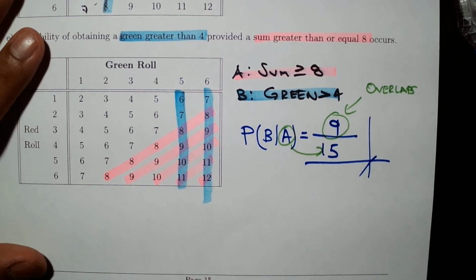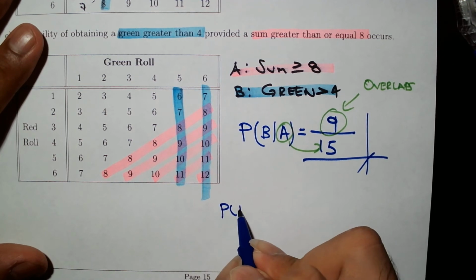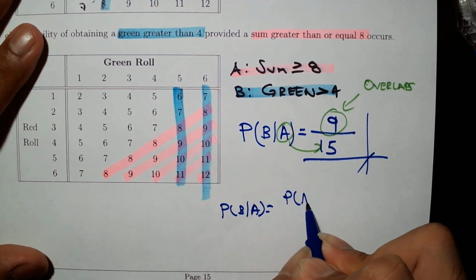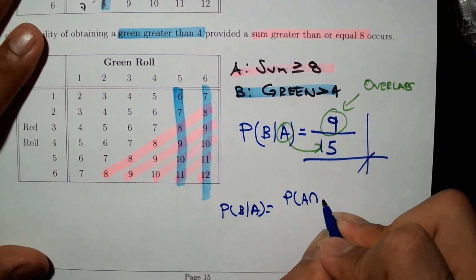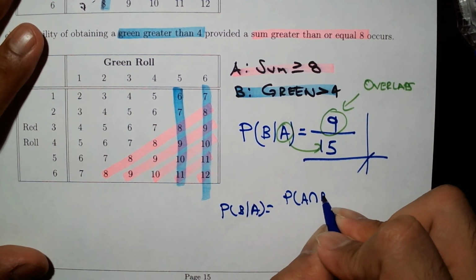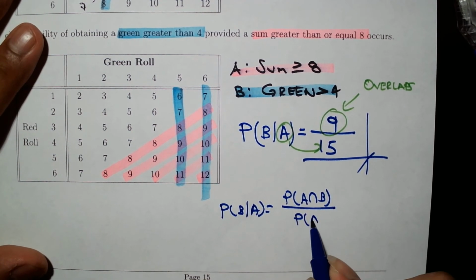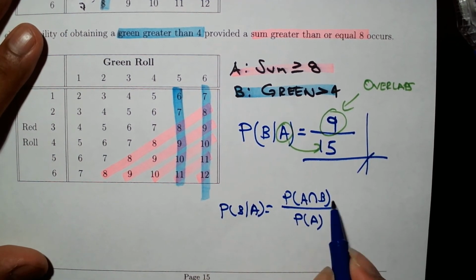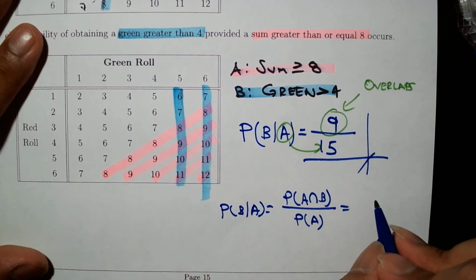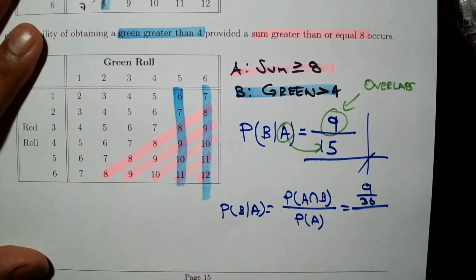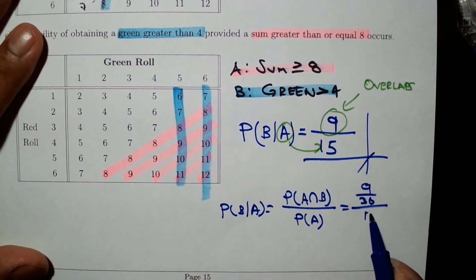Again, let me do it the other way. P of B given A. It's going to be the probability of the intersection, basically the overlaps, which is nothing different than what I did above, over the probability of the first event. So again, how many overlaps do you see? That's 9 out of 36 divided by 15 out of 36.